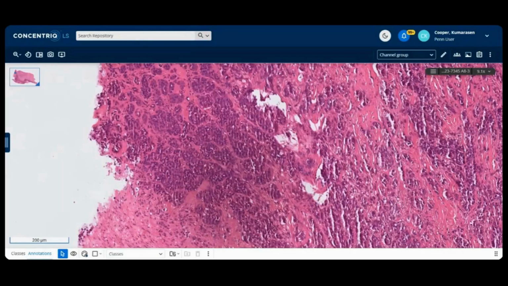So remember, EWSR1 belongs to the family of FET, F-E-T, which is FUS, EWSR1, and TAF15, and that fuses with the CREB group or CREB family, of which this clear cell sarcoma is one. So EWSR1 and CREB. I don't know what the fusion is, so I shouldn't say what the fusion was in this tumor.